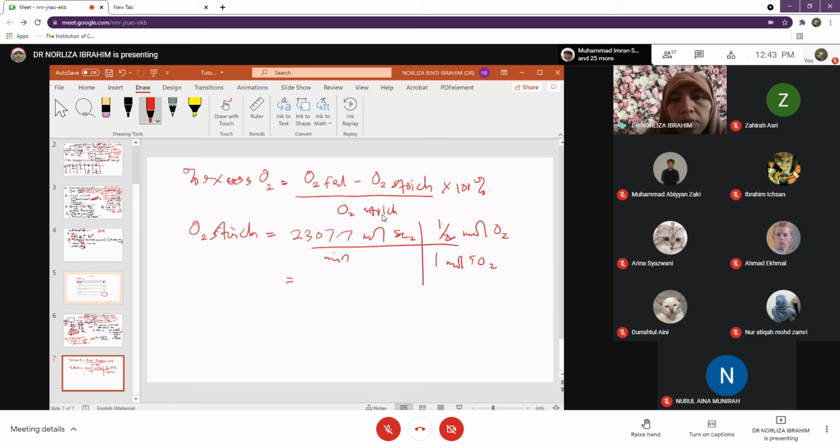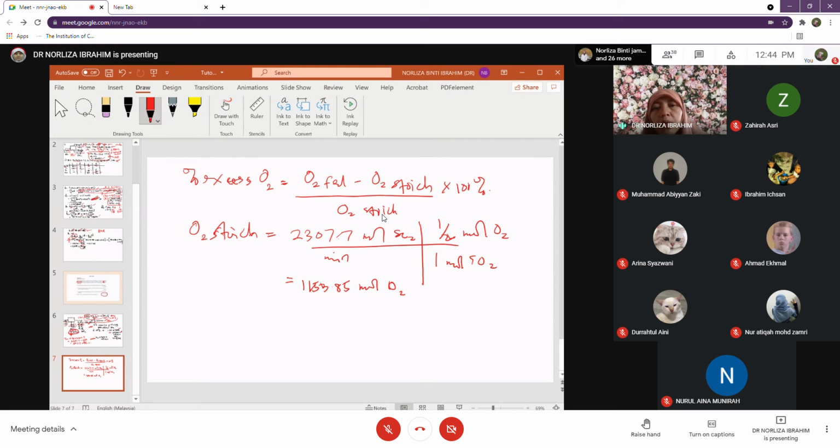So the oxygen required is 2307.7 divided by 2, which is 1153.85. So only this amount of oxygen is required, according to the stoichiometry, with that amount of SO2.